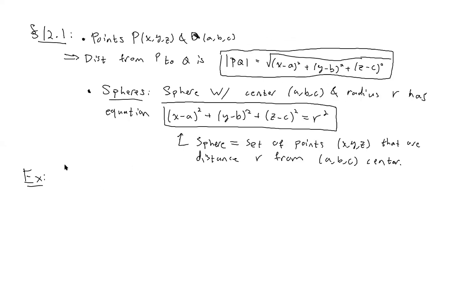So the example that I want to look at basically is to consider the sphere. The sphere that I want to look at is given by x squared plus y squared plus z squared minus 2x minus 4y plus 8z is equal to 15.